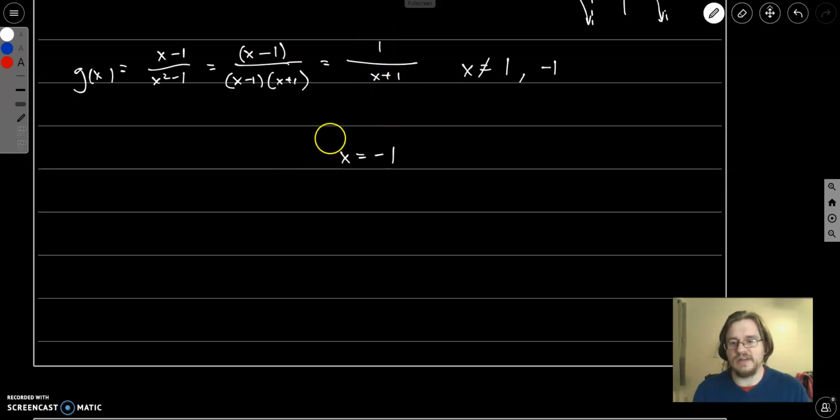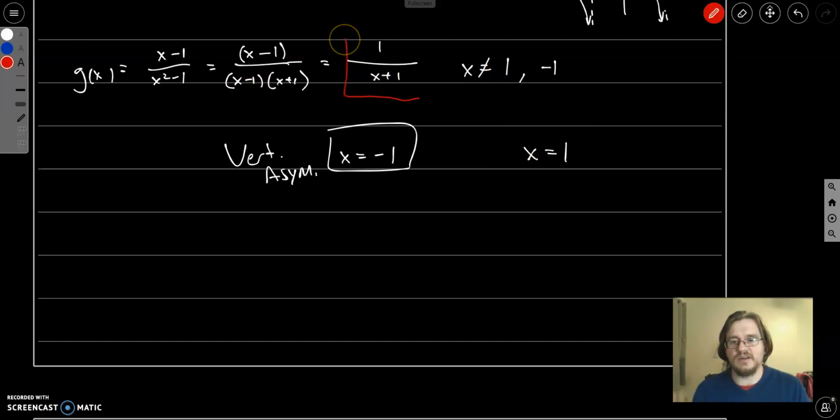So this is a vertical asymptote. x equal to 1 is the other place that I'm dividing by 0, but when I've simplified my fraction as much as I can, this is not a vertical asymptote.